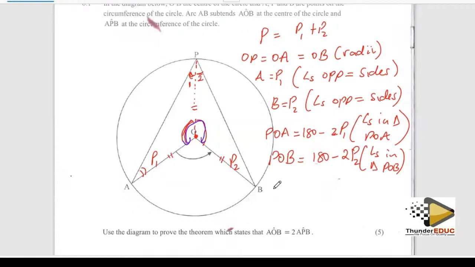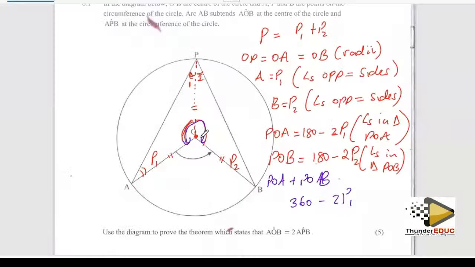So I'll say when I add the two, POA plus POB, minus 2P1 and then minus 2P2.